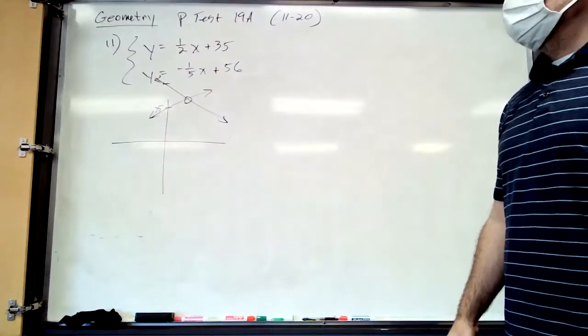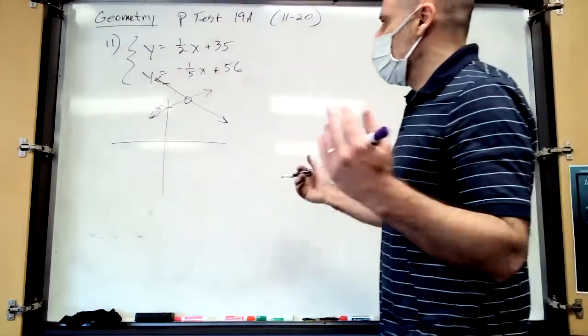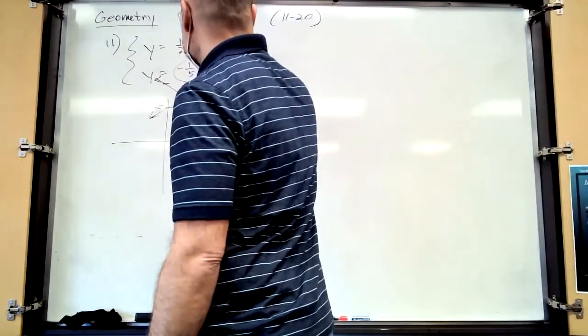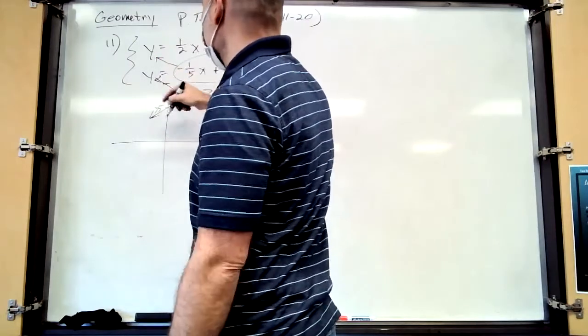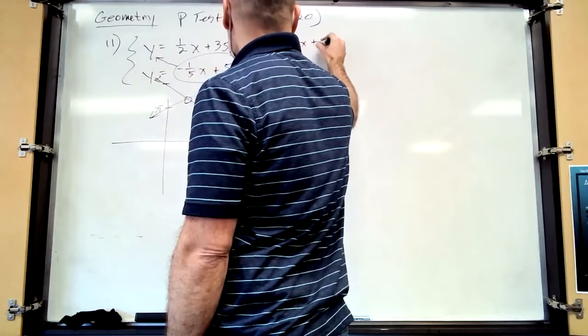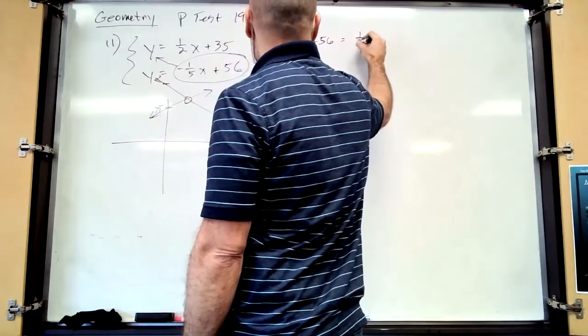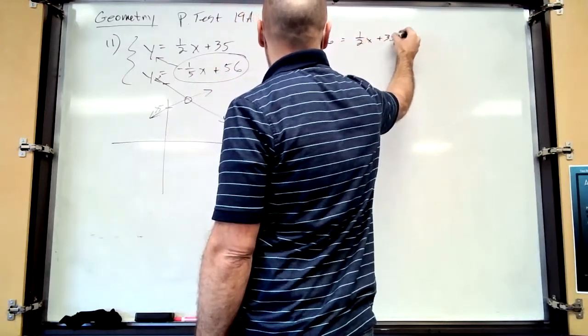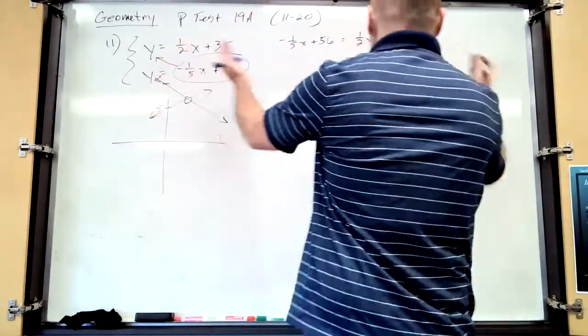Well, you could graph this out and figure it out, or you could set this equal to that. So I'm just plugging that in for y. So -1/5 x plus 56 equals 1/2 x plus 35. Okay, get the x's on one side.